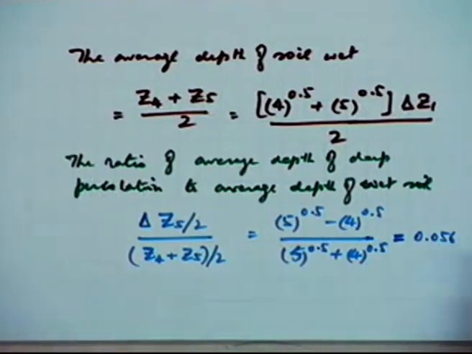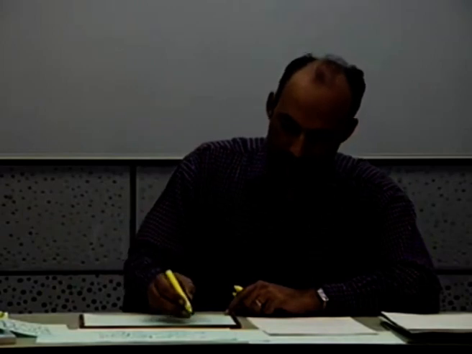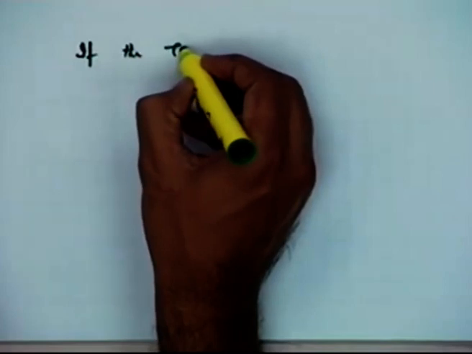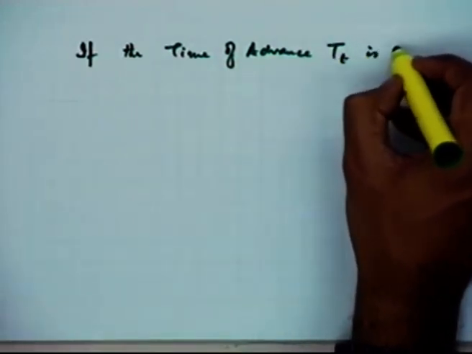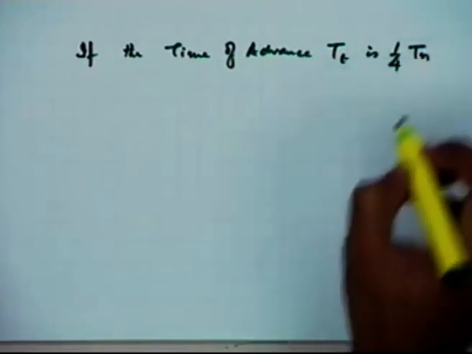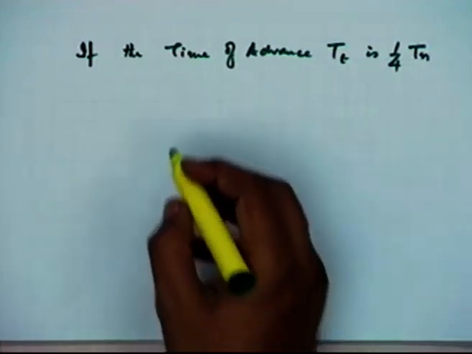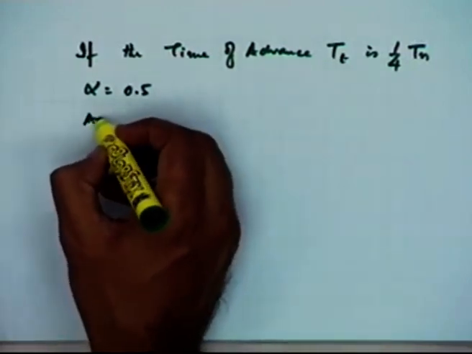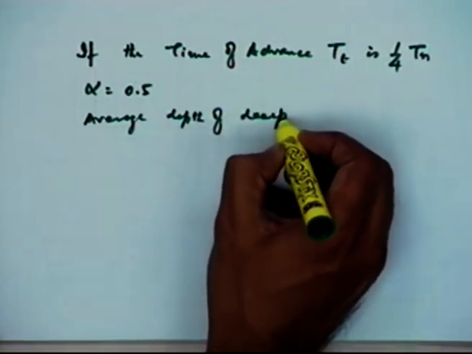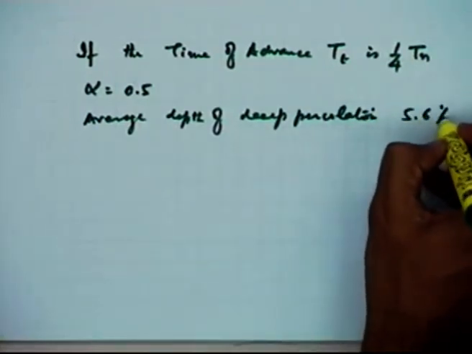Now in this specific case, what it amounts to is, you can now formulate that if the time of advance Tt is 1/4 the net infiltration time Tn, and for an alpha of 0.5, the average depth of deep percolation is 5.6%.